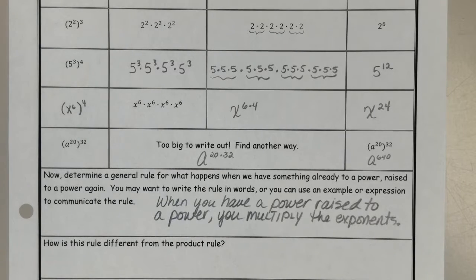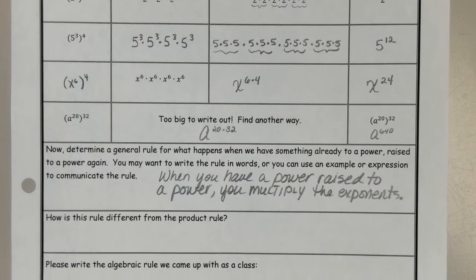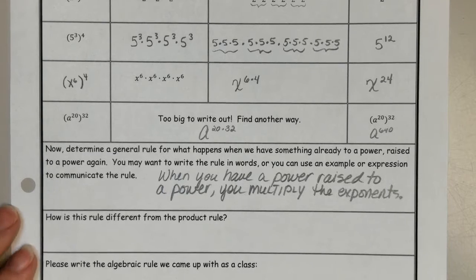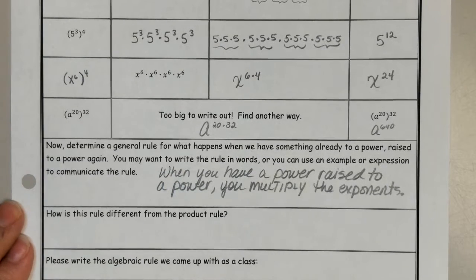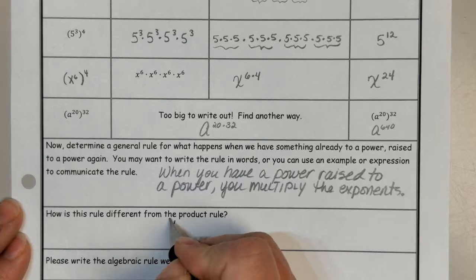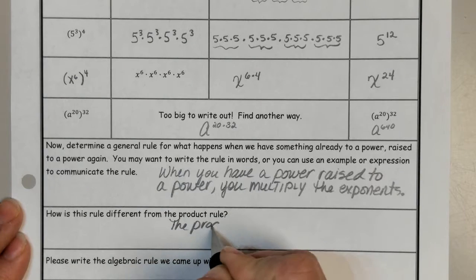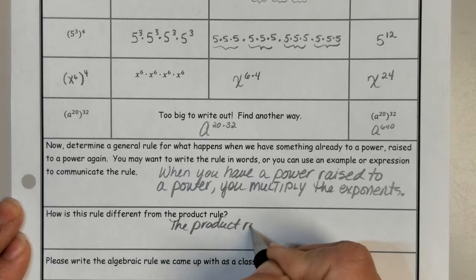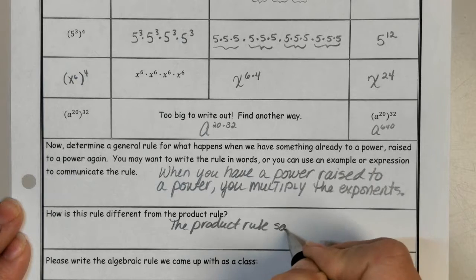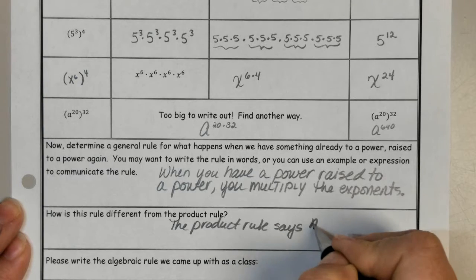Remember, with multiplication, we add the exponents, and with division or quotient, we subtract the exponent. So how is this rule different from the product rule? The product rule says add the exponents.